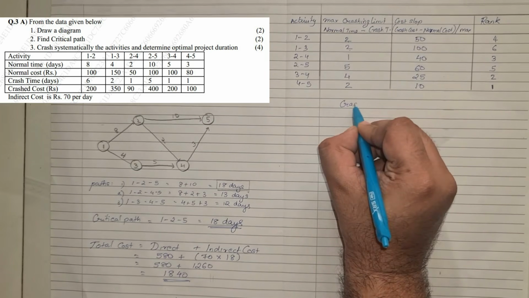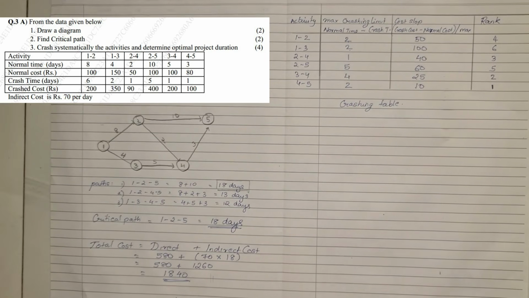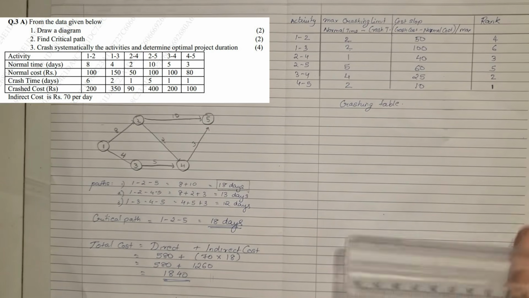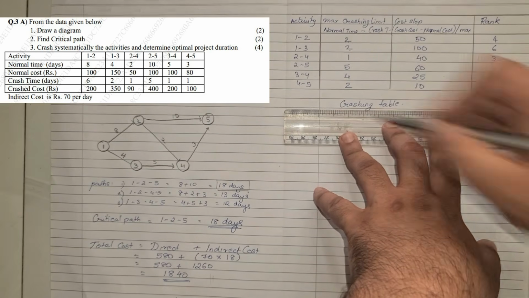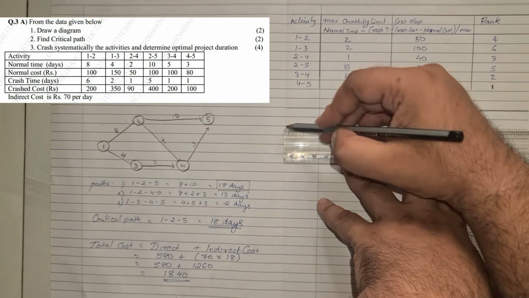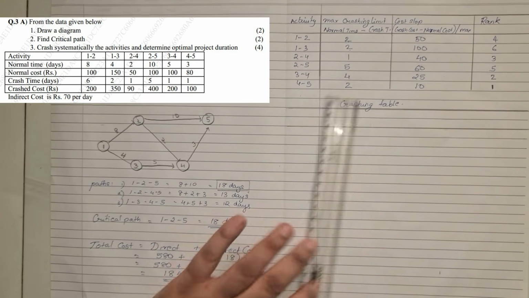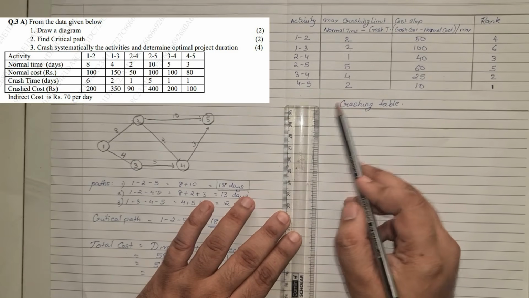So we'll make now your crashing table. In order to make the crashing part, a few formats we'll have to create. The format of the table will be very crucial. The first column will always be based on activity, so we'll note this down as activity.